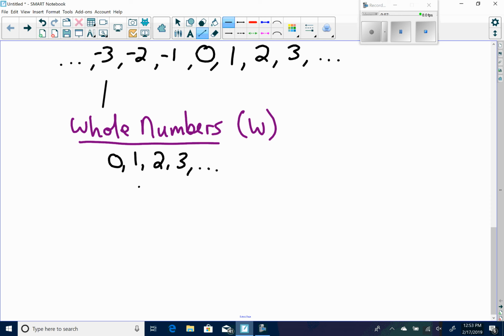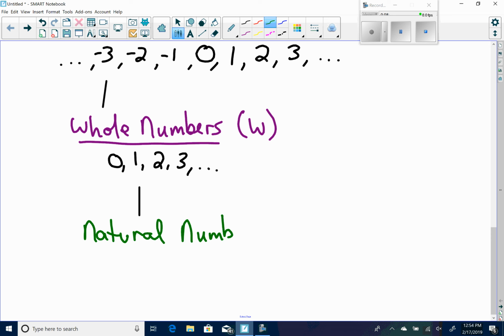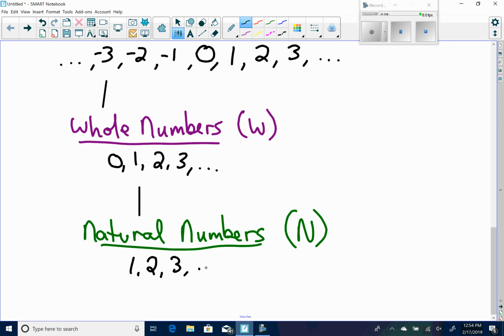After that, we have what we call the set of counting numbers or natural numbers. And we'll use an N to represent that. And the only difference here is, what do we start counting with? A 1. So we have 1, 2, 3, and so on.